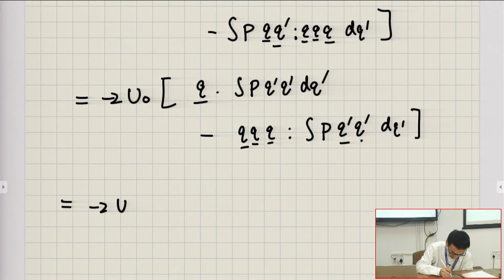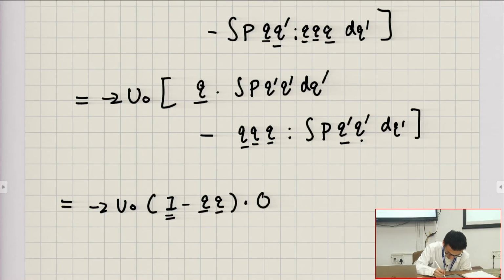So I can write this in the following form. Any questions? That's still the double dot.